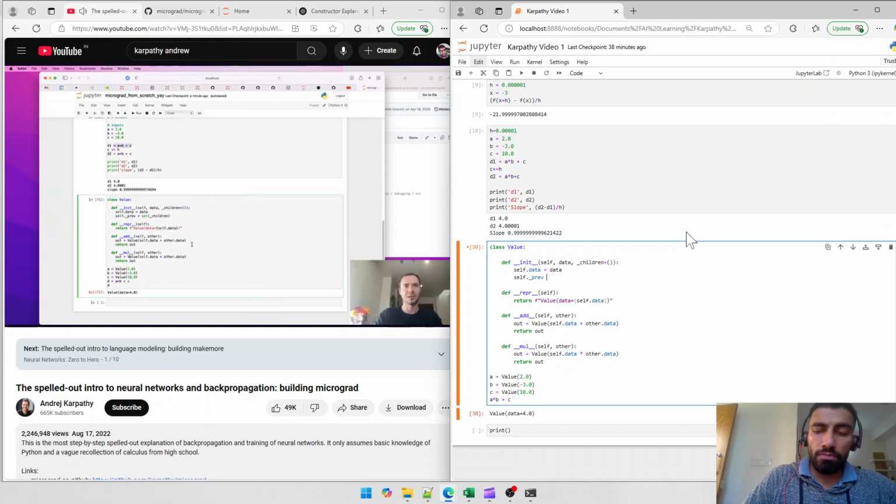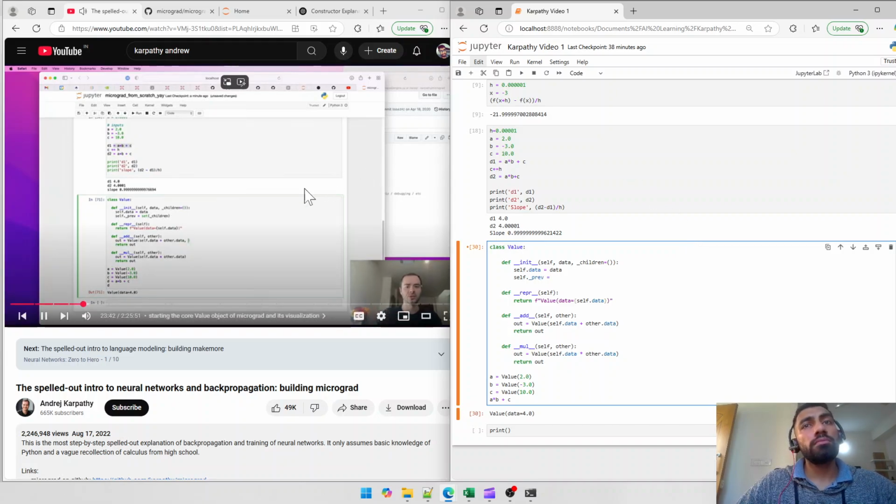But when we are creating a value through addition or multiplication, we're going to feed in the children of this value, which in this case, because of the self and other, is what we pass to children.